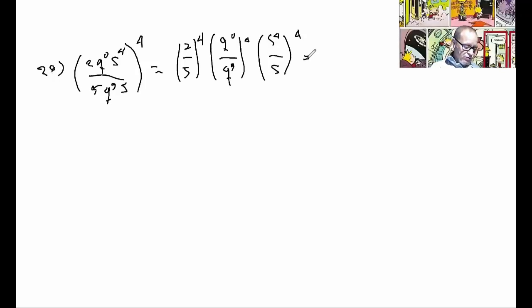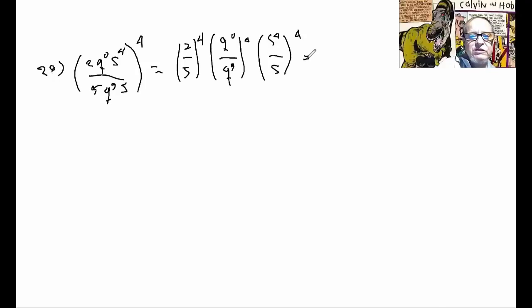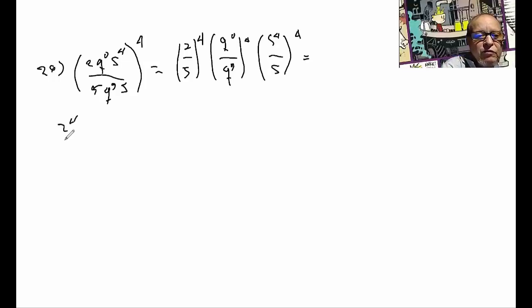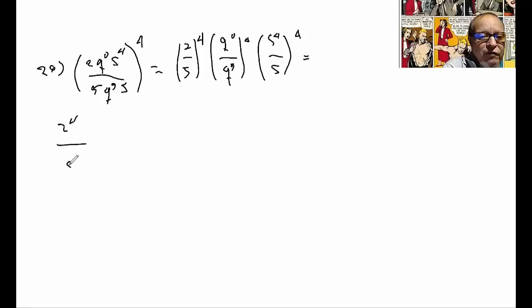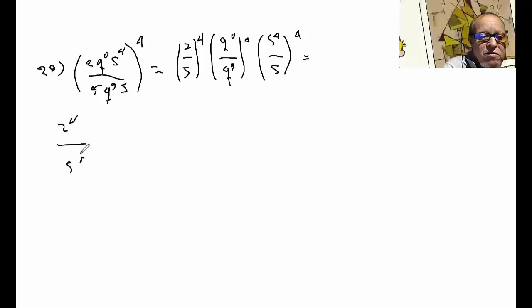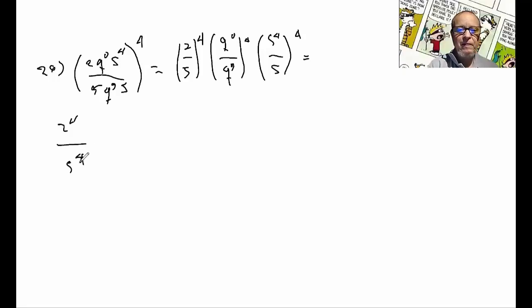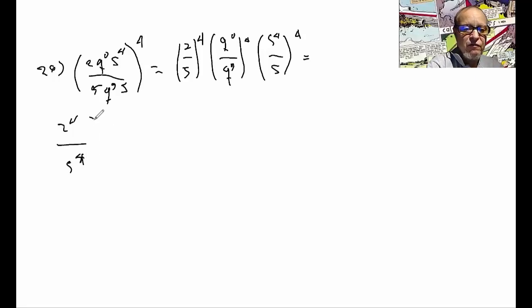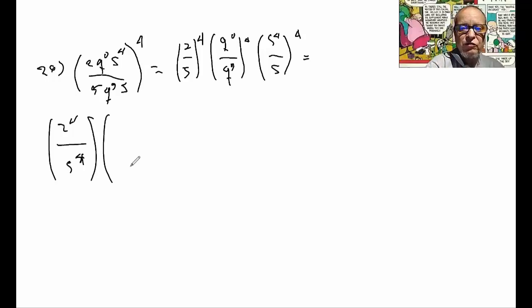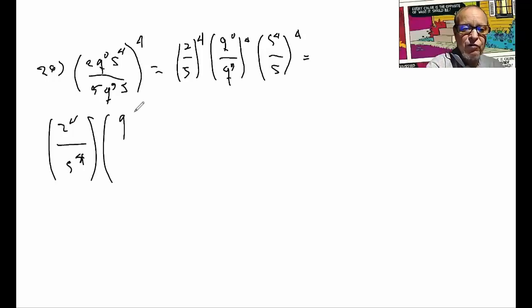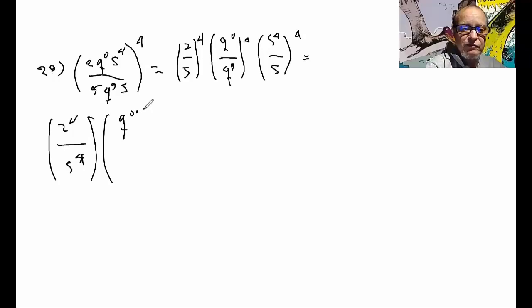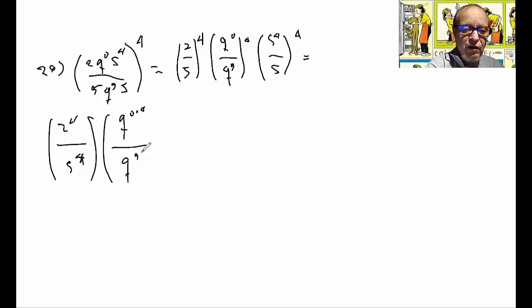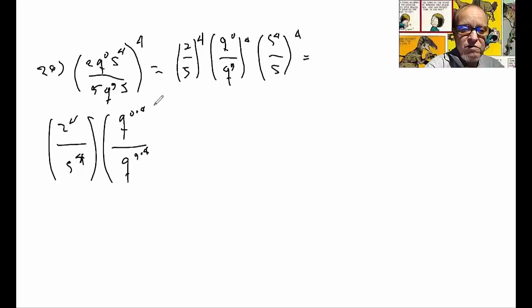So I will use my power rules to do this. So I have 2 to the 4th over 5 to the 4th. And then for my q's, I have q to the 0 times 4 over q to the 9 times 4.